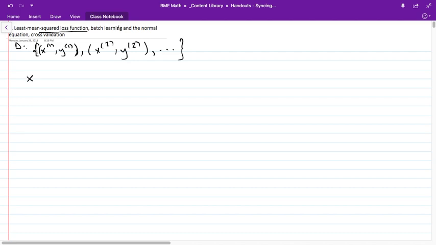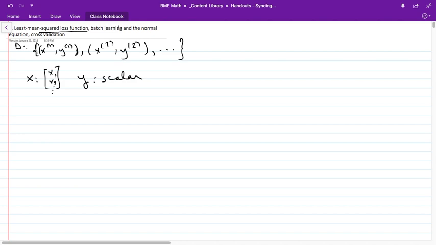So x is going to be some vector, maybe x1, x2, and so forth. And y is going to be a scalar. And so we're going to ask, how do we learn to map a vector of features into an output that's a scalar? So this is the basic problem in regression.